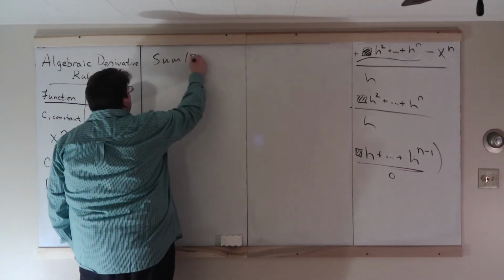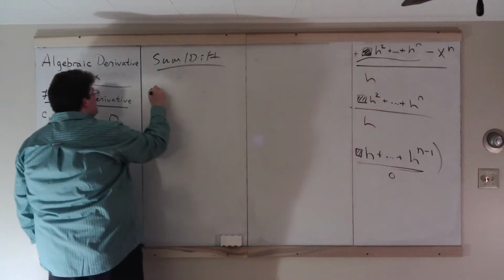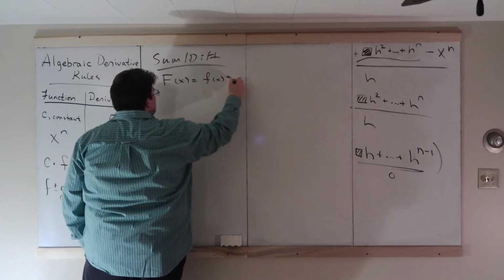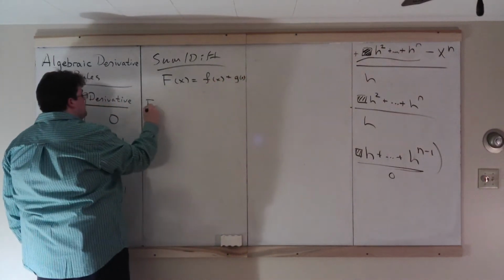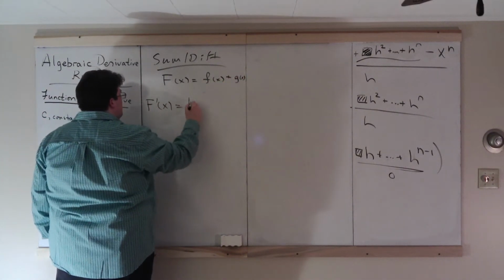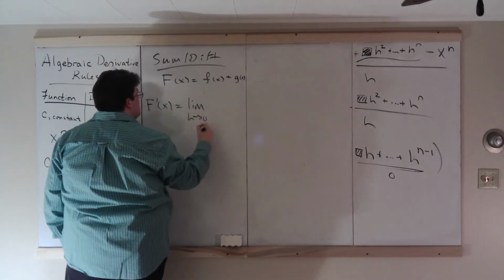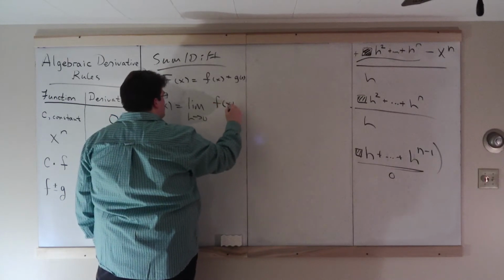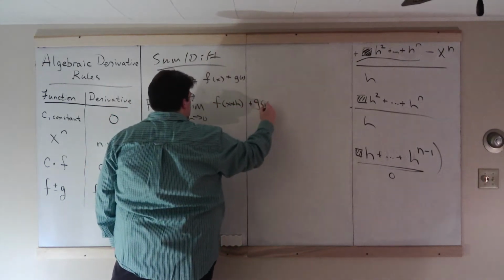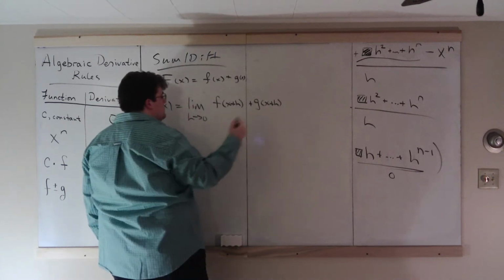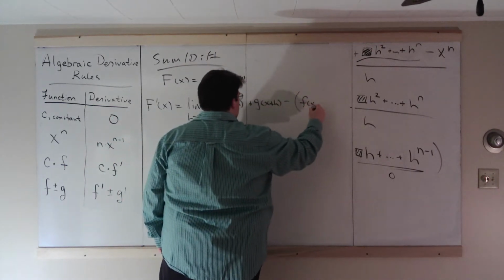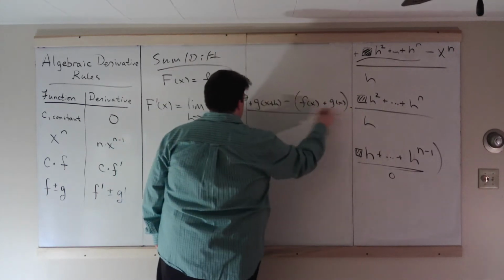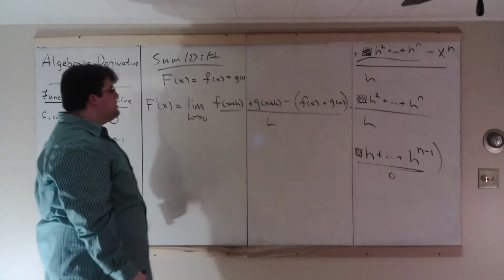So for F of x equal to f of x plus g of x, F prime of x equals the limit as h approaches 0 of f of x plus h plus g of x plus h minus the quantity f of x plus g of x, all over h.